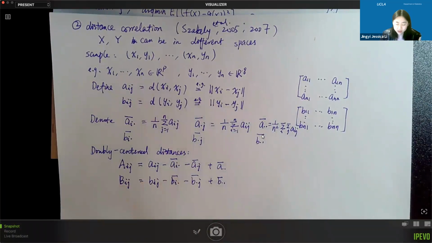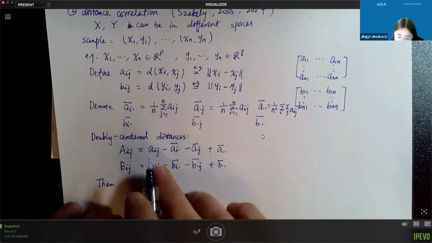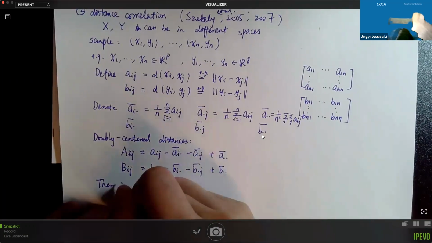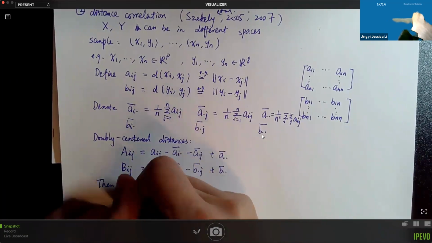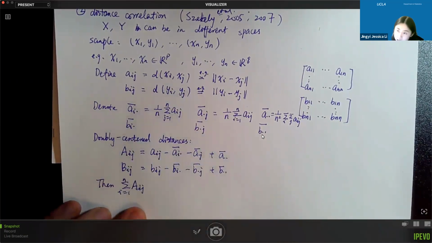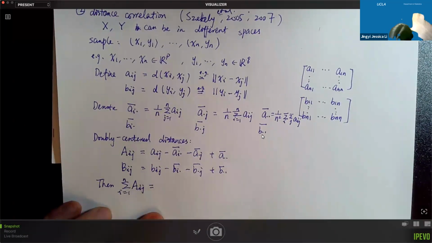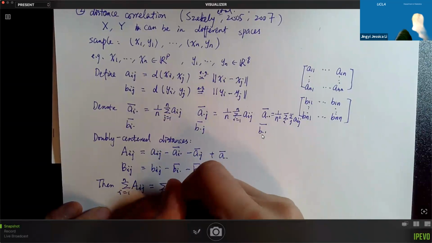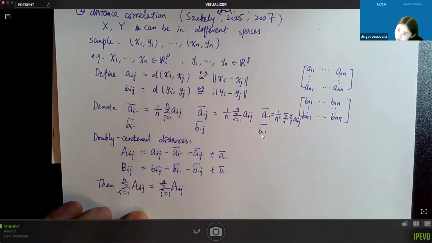The reason we do this double centering is because of a nice property: for these capital Aij's, the summation of Aij over i from 1 to n is equal to 0. If we take the summation over j from 1 to n of Aij, it's also 0.